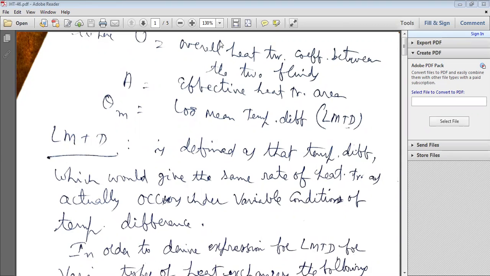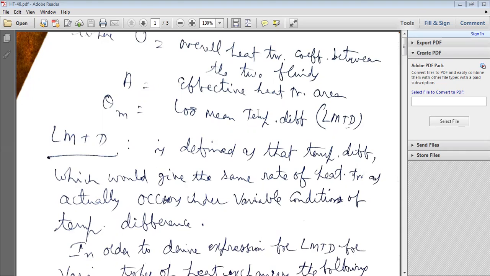What is parallel flow? What is counter flow? What is cross flow? So how the temperature varies along the length of the heat exchanger, and that has been discussed while giving the introductory part of heat exchangers.